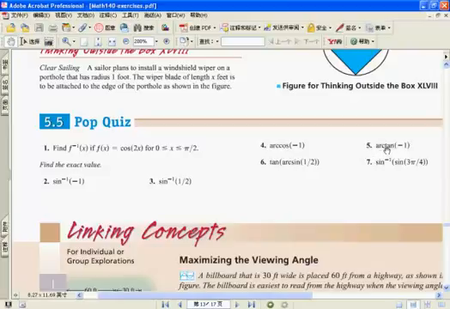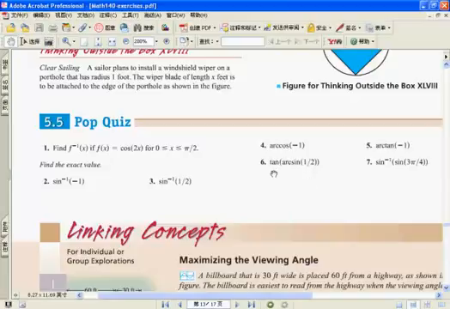Now, arctangent of -1 is equal to negative pi over 4, right? So there are several special angles: pi over 4, pi over 3, pi over 6, right?